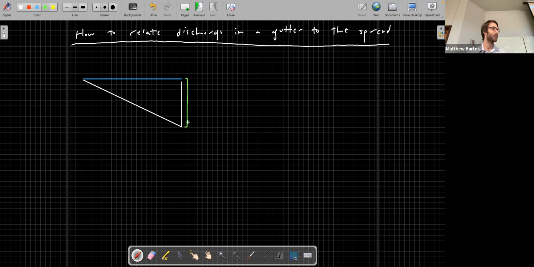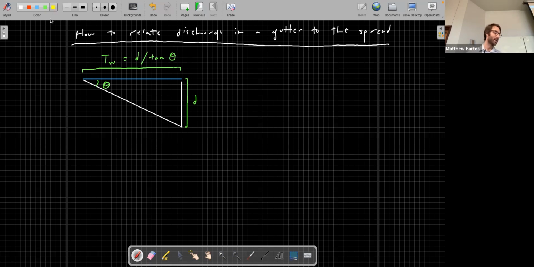We will call the depth of the water at the curb D. Okay, so we'll call this D. We'll say that the angle with the horizontal is theta. And we'll call this distance here TW. So this is the width of the spread. Okay, and this will be equal to, if you just use trigonometry, D divided by the tangent of theta.